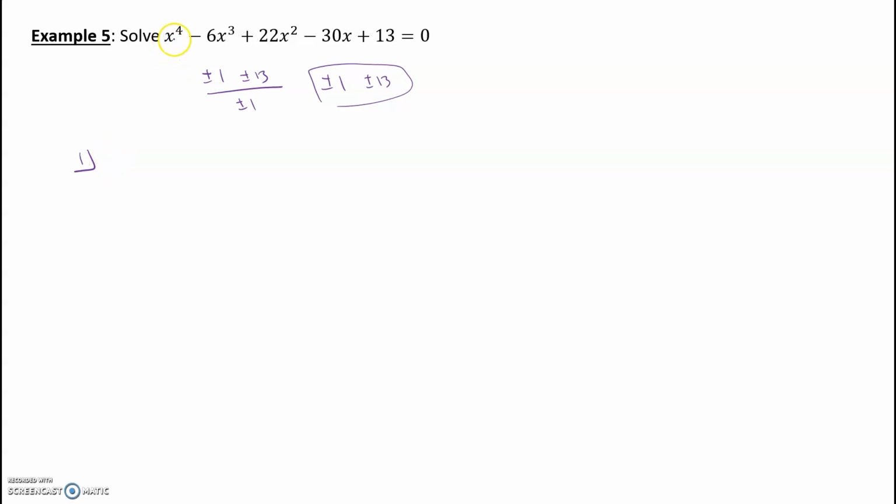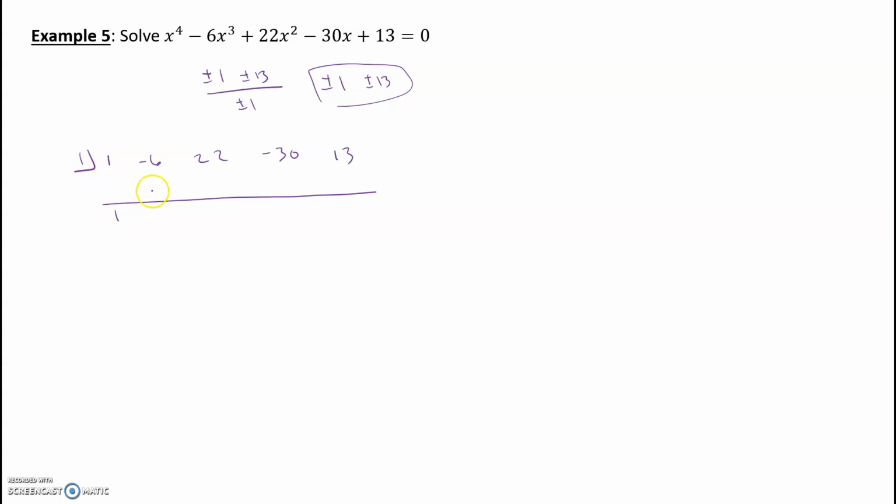So our coefficients, 1, negative 6, 22, negative 30, and 13.